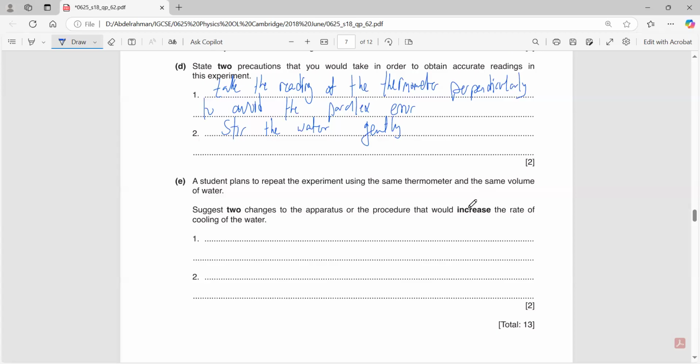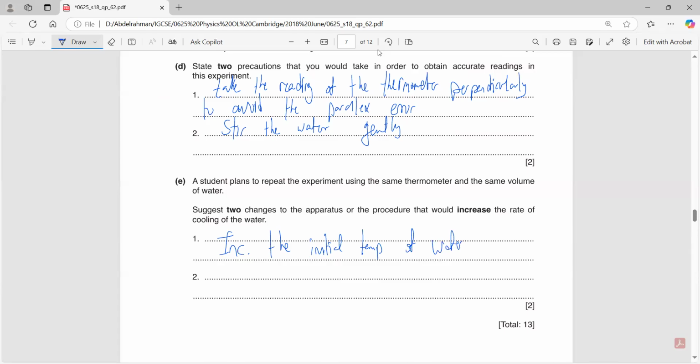We have several variables that could increase the rate of cooling of water. First of which would be increasing the initial temperature of the water.